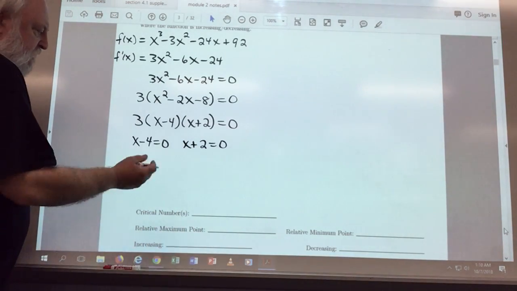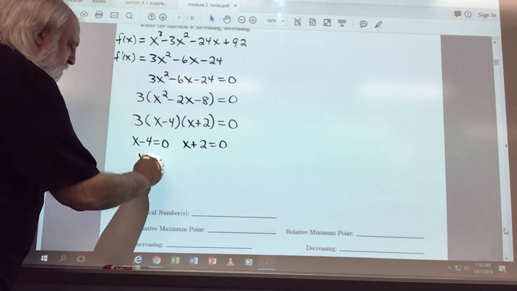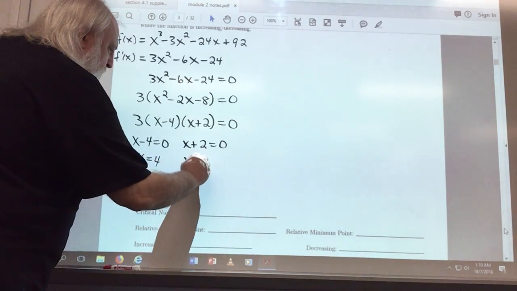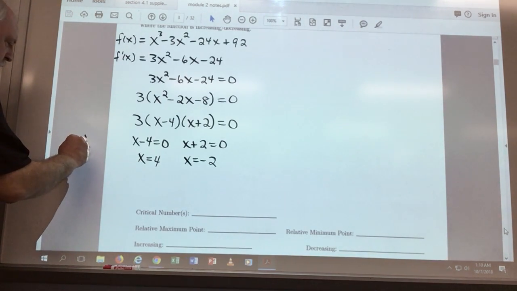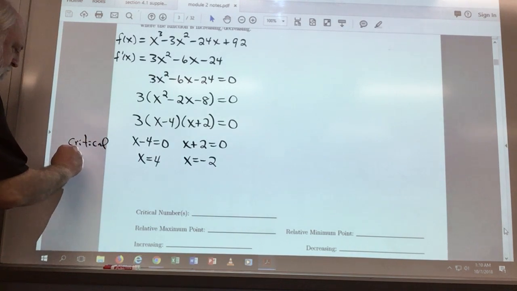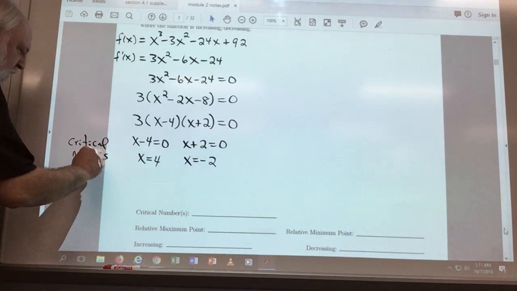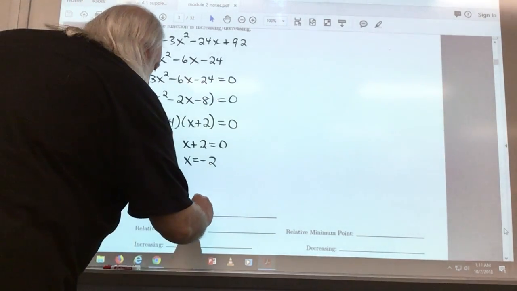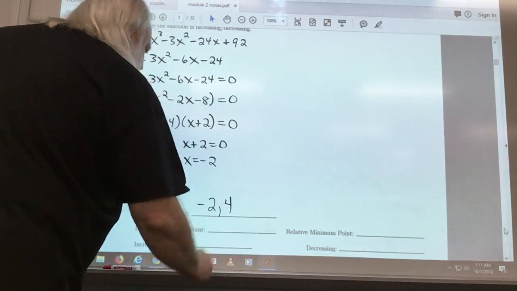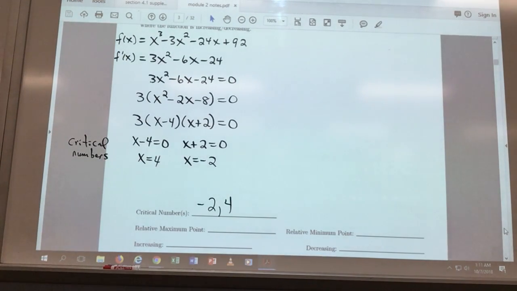And when you solve for x in these two equations, you get x equals 4 and x equals minus 2. So x equals 4 and x equals minus 2 are the critical numbers. Okay? So we can write those down here at the bottom in the blank, minus 2 comma 4. Right, those are the two values of x that make the first derivative equal to 0. Okay? F prime of x equal to 0.